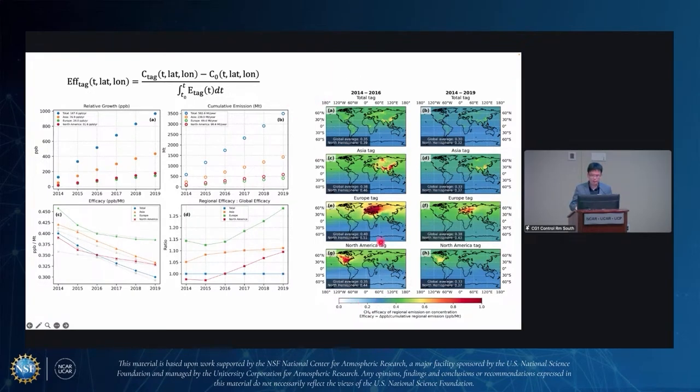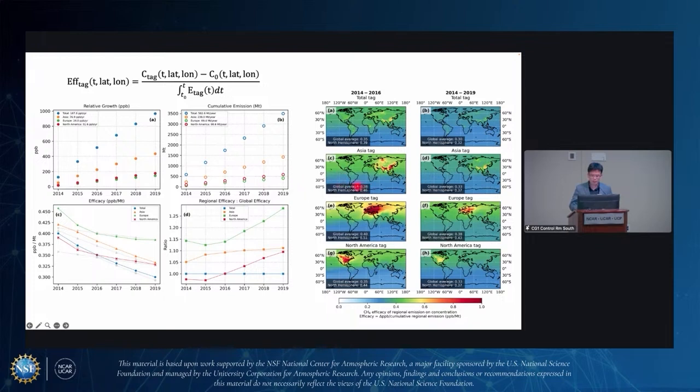The first column is showing the result using data from 2014 to 2016, which is the first 3 years, and they have higher values of efficacy. And on the right, it shows the result using 6 years of data. The first row shows the global total efficacy, and the second row shows the efficacy of Asia emission.